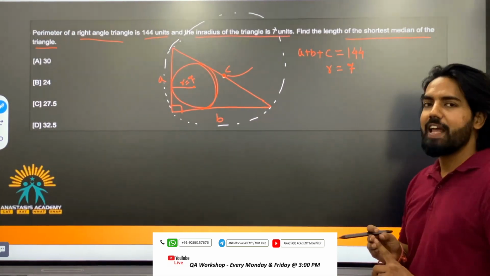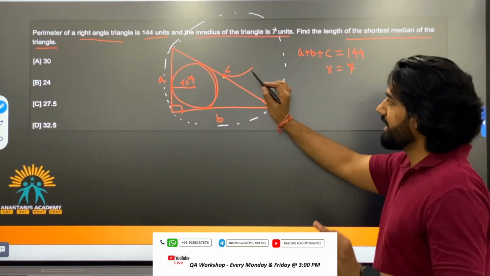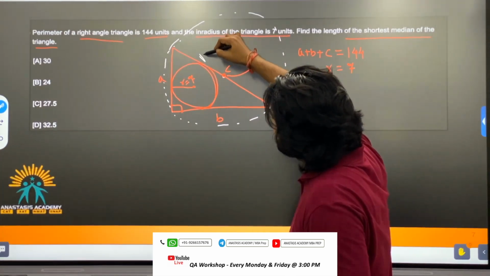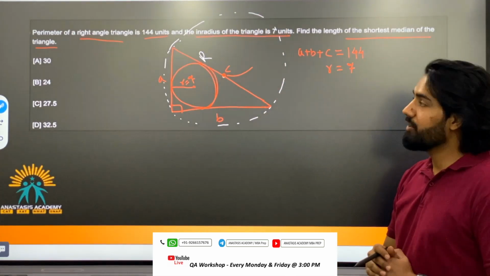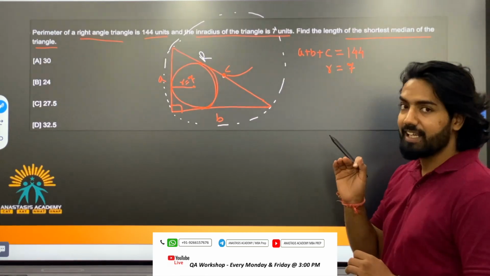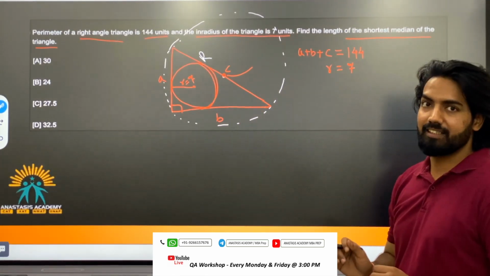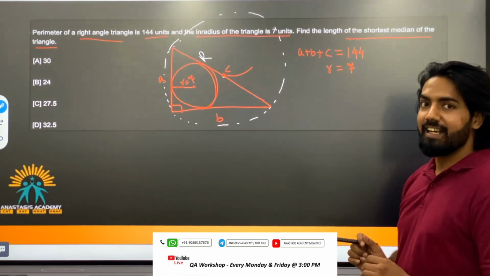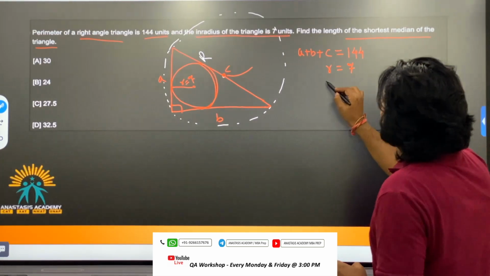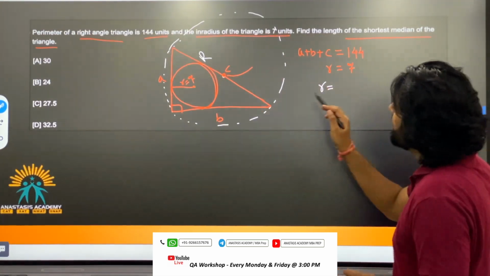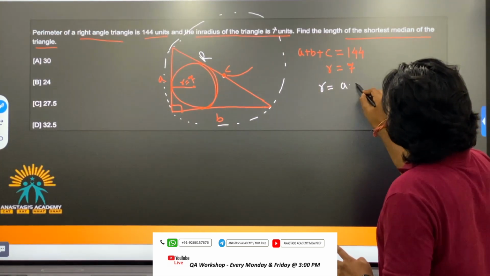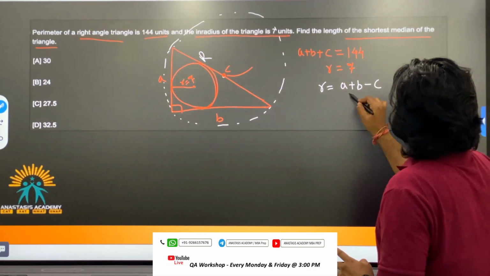And we know a very important relation between circumradius and inradius. This is the circumradius, which is R. The inradius for a right angle triangle is given as (a plus b minus c) by 2.